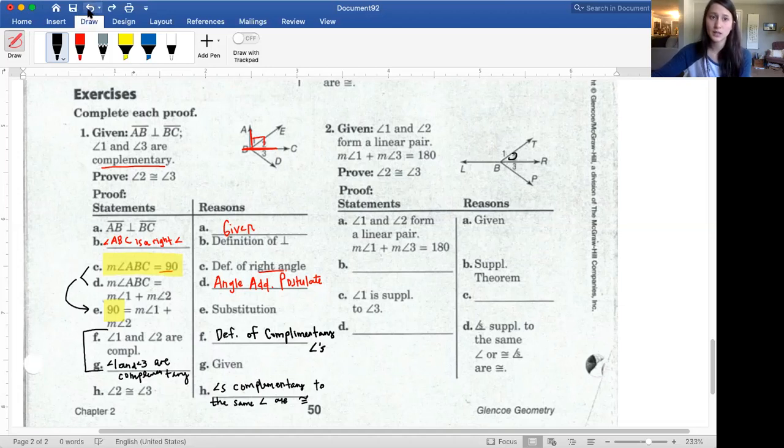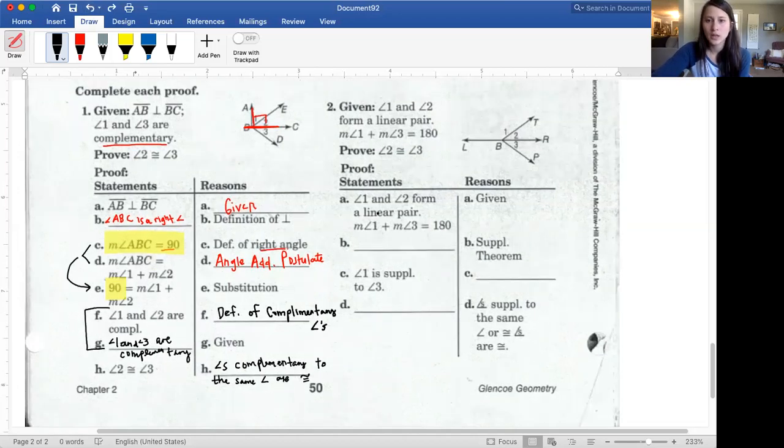So let's read the information given to us that's partially filled out. So the given is everything that's stated in our given, written down in our given. So what can we conclude from this information? Well, couldn't I say that angle 1 and angle 2 are supplementary?